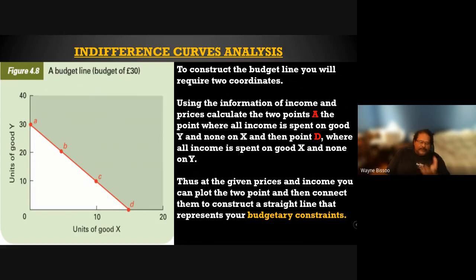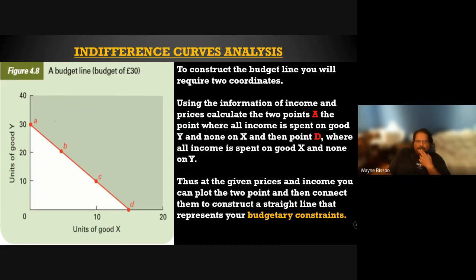The easiest way to do it is make one of the variables equal to 0. That's what we're doing here. By making one of the variables equal to 0, we can solve for the other one. So when X is equal to 0, what's Y? And when Y is equal to 0, what's X? That's all we're doing in terms of this formula here.